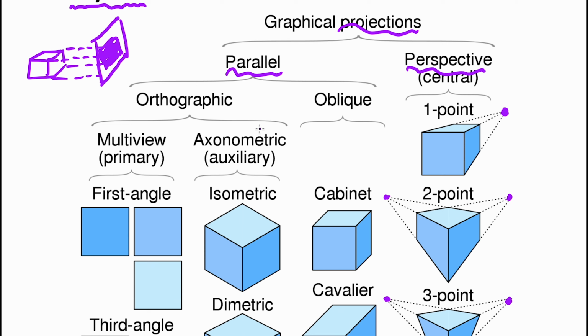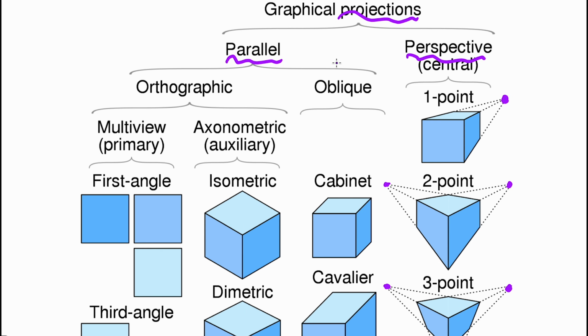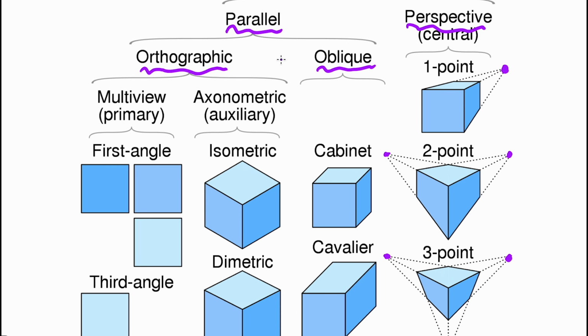Whereas in the perspective projection, it would be a view where the distant parts of the object would look smaller. In real life, of course, you don't do that, but that's a handy method. And parallel projection is also divided into two: the orthographic projection and oblique projection.